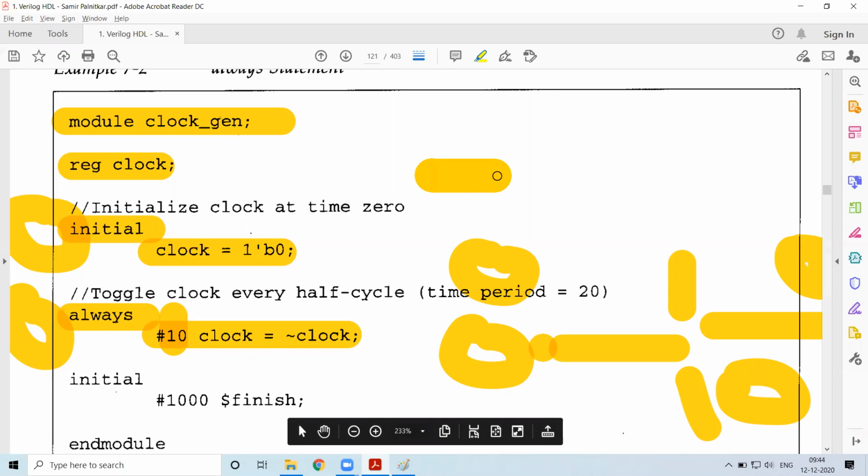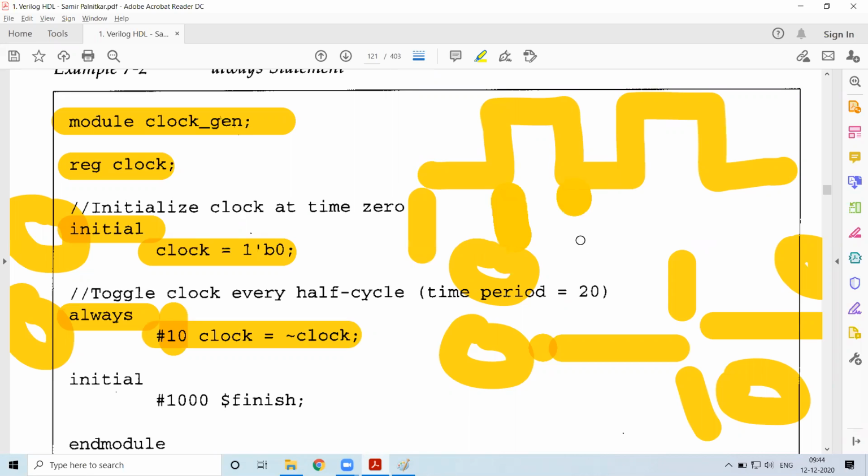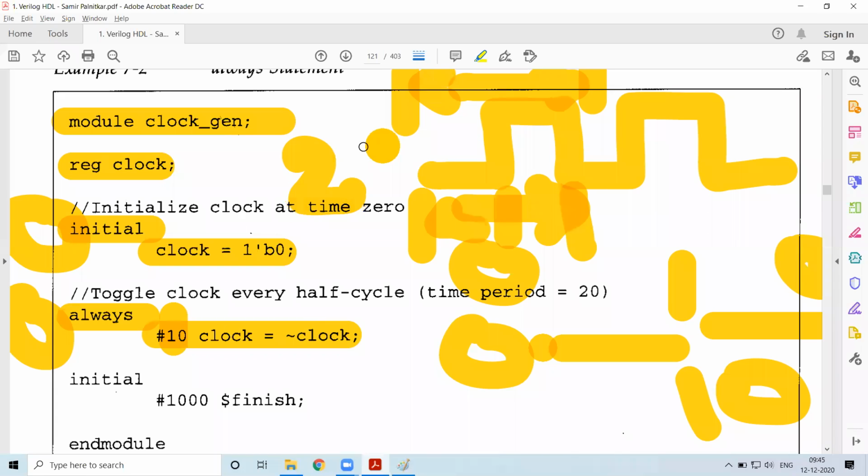So the clock is 0, then after 10 time units it will be 1, and after 10 more time units, again 0. You are generating the clock over here. If you observe, this is 10 time units from here to here, and in total, the time period from this point to this point is, in our case, 20 time units.